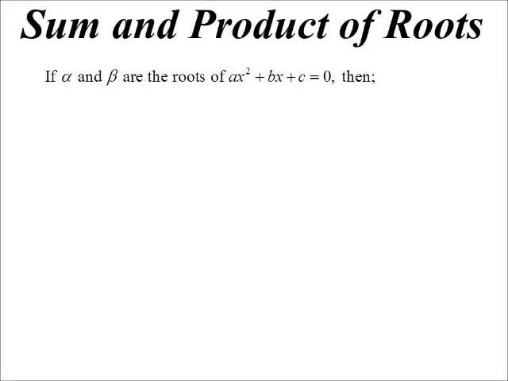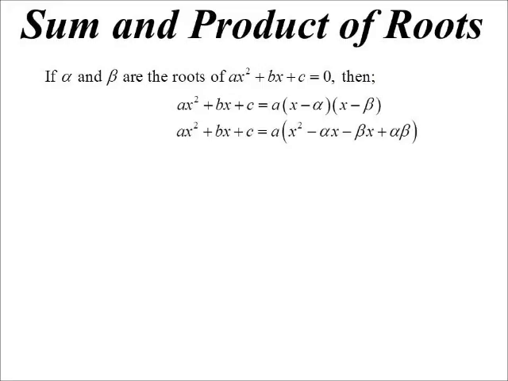So if that is true, it must be possible to factorize that quadratic to be x minus alpha, that would be one solution, x minus beta, that would be another solution, but a out the front, of course, because it's not monic. Now if I expand the right-hand side out, and then divide by a, I can equate all the coefficients.